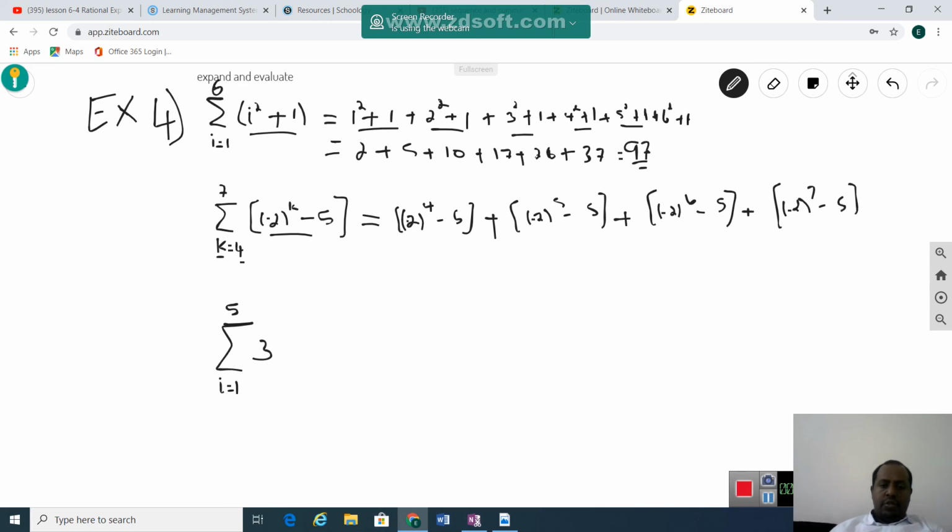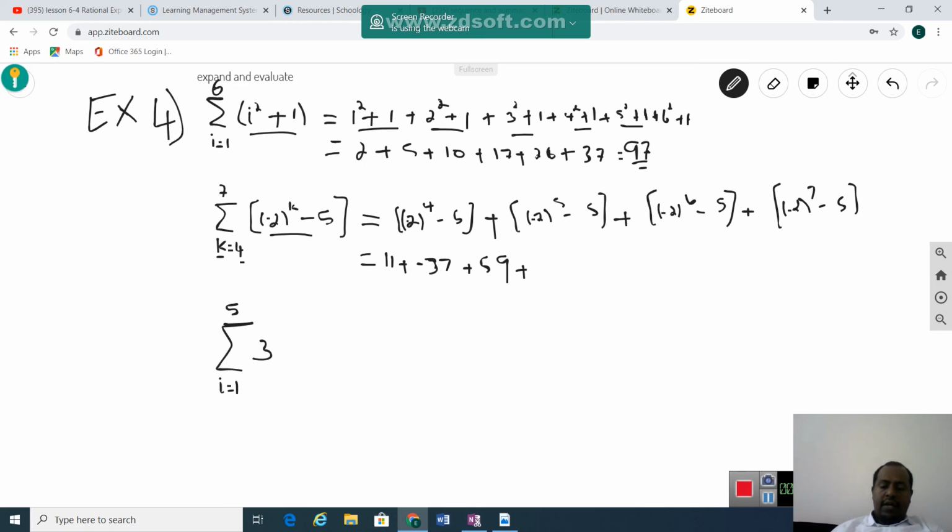Let's simplify this expression. Negative 2 to the power of 4 is 16, 16 minus 5 is 11, plus negative 2 to the power of 5 is negative 32, negative 32 minus 5 will be negative 37, plus negative 2 to the power of 6 is 64, 64 minus 5 is 59, plus negative 2 to the power of 7 is negative 128.